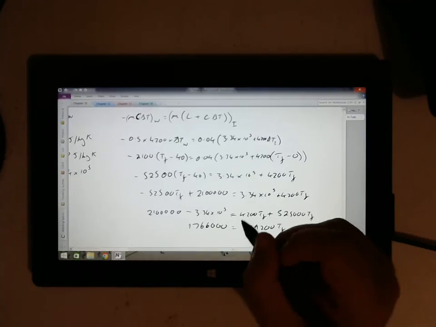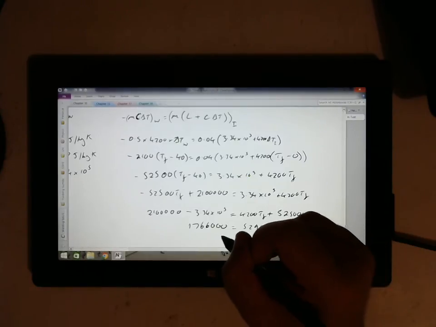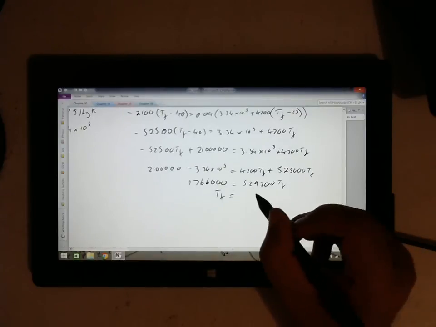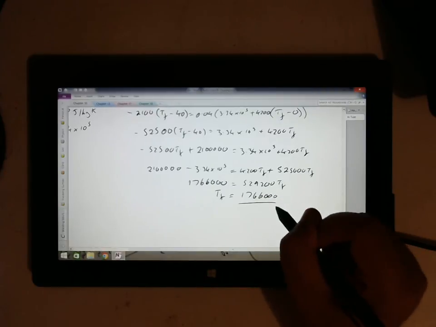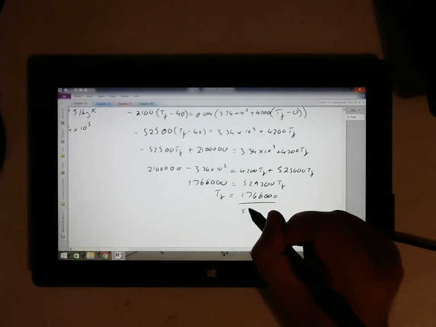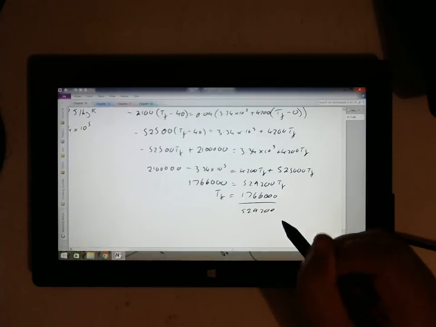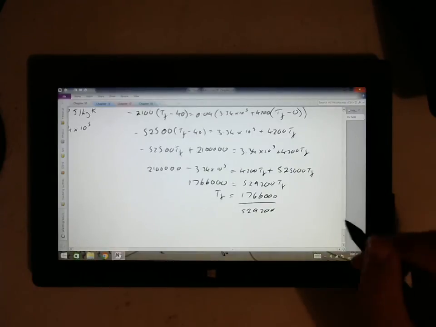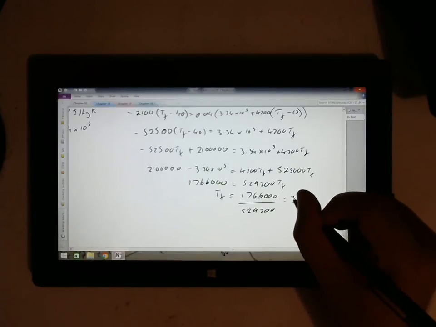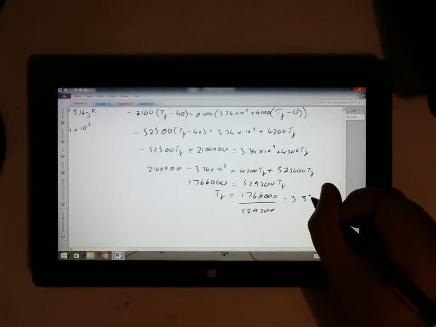Should be about in the 3s, so TF will equal 1,766,000 divided by 529,200 gives me about 3.3 degrees Celsius.